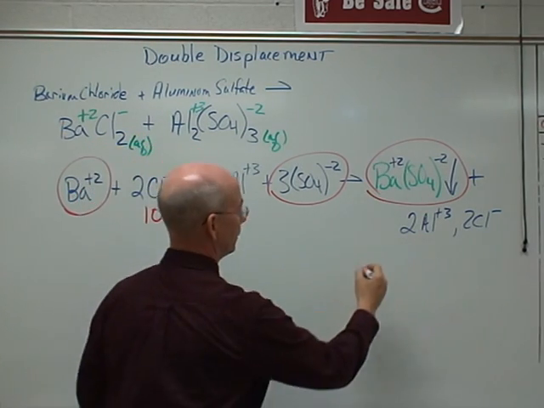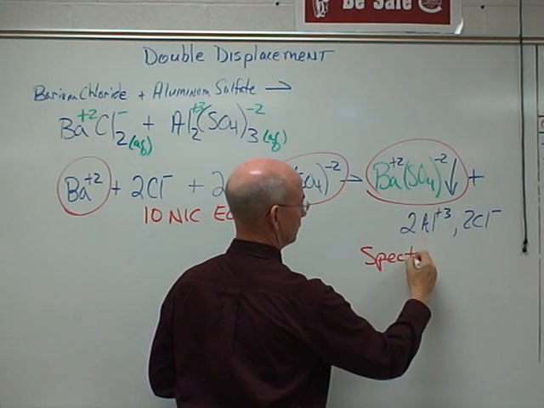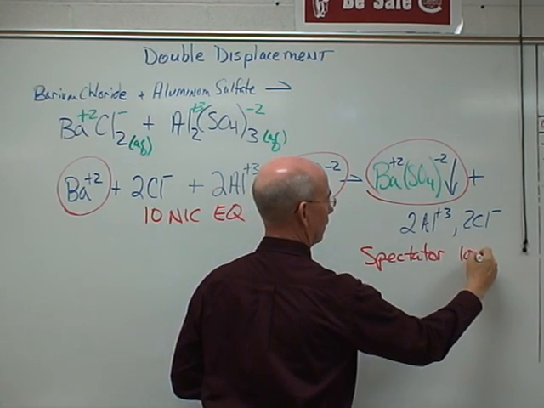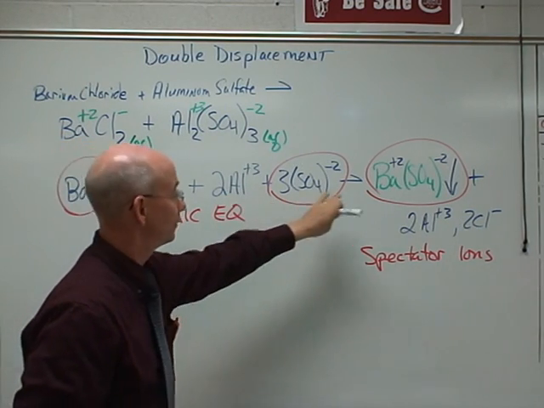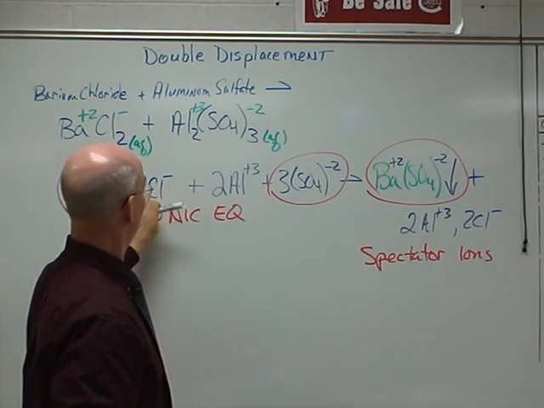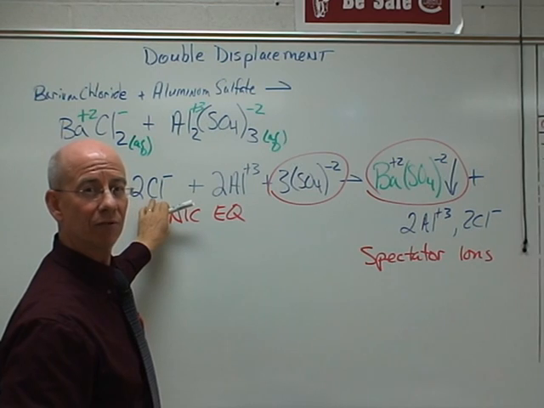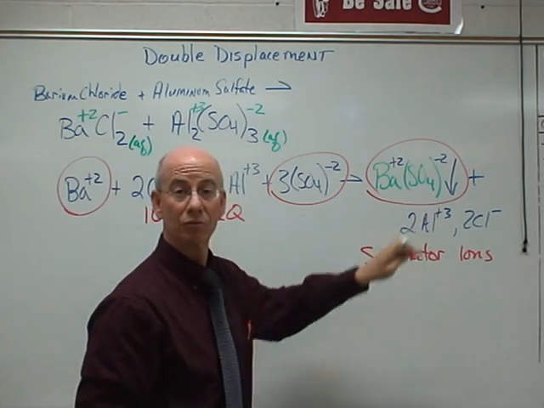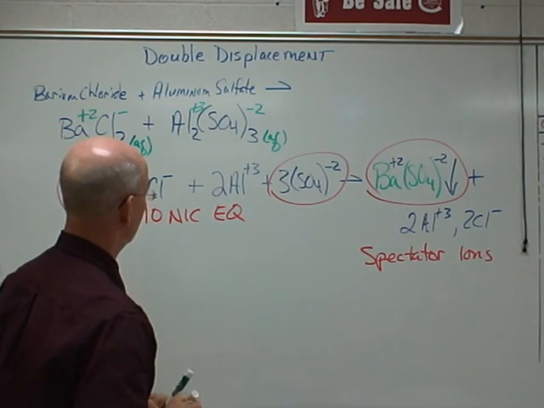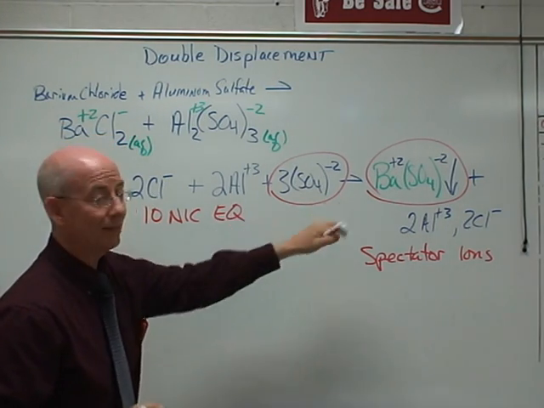Therefore, we call them spectator ions. You could use 100 different metals in place of aluminum and get the exact same result. You could use 100 different nonmetals in place of chlorine, which was bonded to barium, and you'd still get barium sulfate in this reaction.